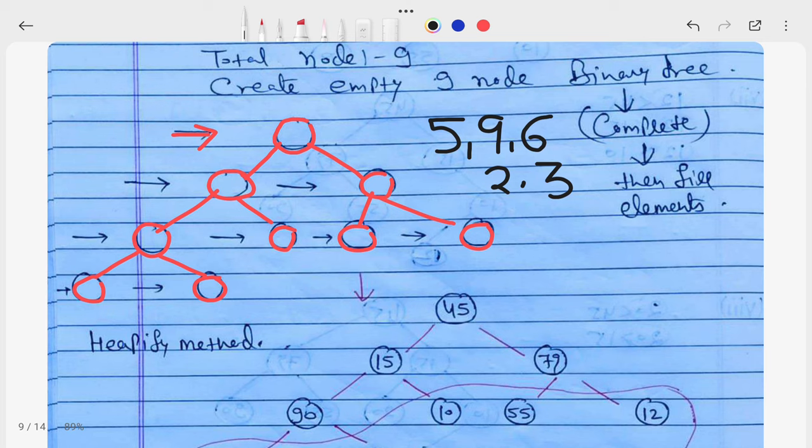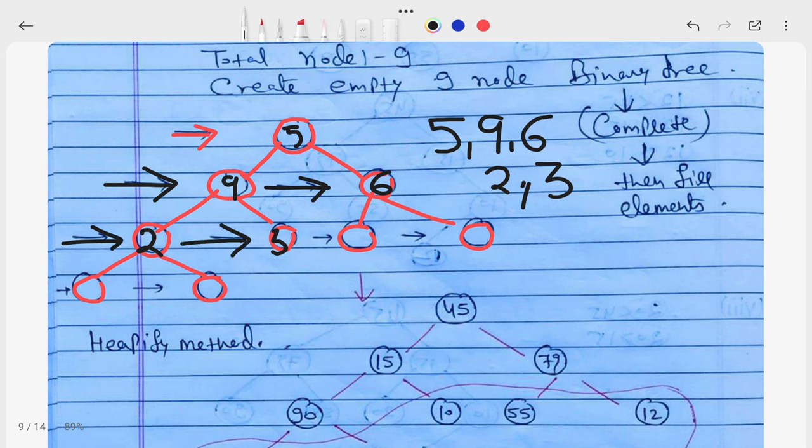How will you write it? You will never think about which one is greater or which one is smaller. At first 5 will come here, then 9, then 6, then 2, then 3. So you are filling the data from left to right.